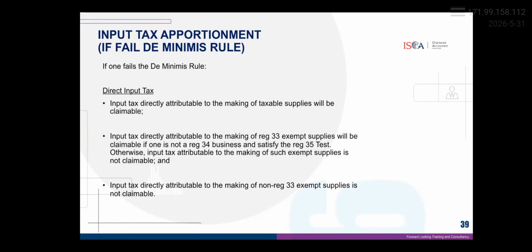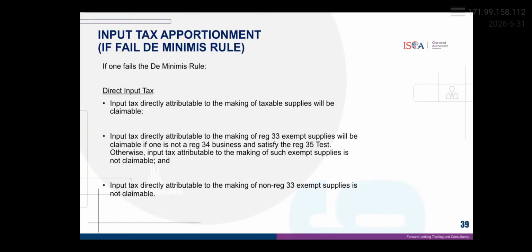There's another type of input tax which is directly attributable to the making of Reg 33 exempt supply. Remember, Reg 33 exempt supplies are those needed when running a business, that will happen, and that are deemed as taxable supply.